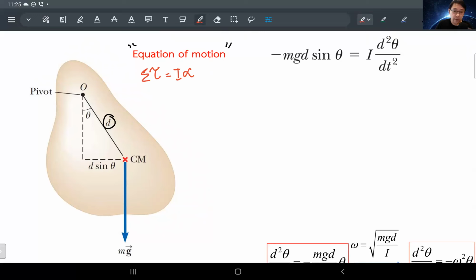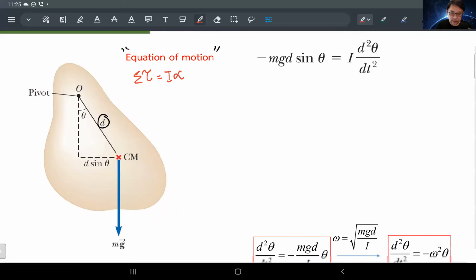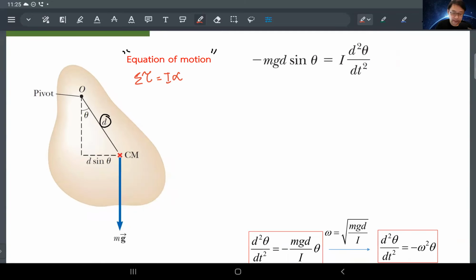Okay, so what we have over here is now I would like to talk about the net torque. Look at the mg. That's the only force acting on this mass right now. There's nothing else. So if you are talking about the motion around the pivot point, the mg will generate a clockwise rotation. This mg will try to turn this mass in the clockwise direction.